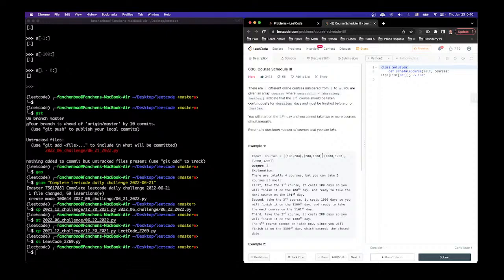Of course, we don't want to take the big course first, because if we take the big classes, say if we take this one, then we'll have no chance to take the other one. So maybe we shall sort based on the final date.